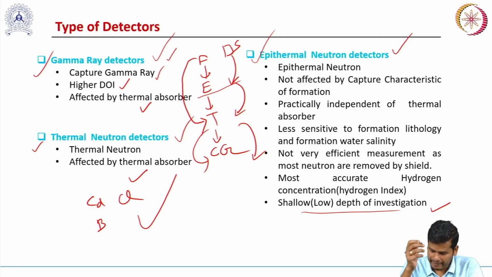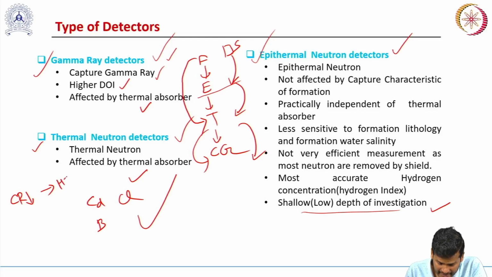For example, we have discussed in the last class, if the count rate is low, that means the hydrogen index is very high. Because if we have a very high hydrogen index, then the fast neutron will be slowed to a thermal neutron at a very rapid rate. Then the capture gamma will be emitted near the source. That's why the count rate will be low at the detector. But if the count rate is high, that means our hydrogen content is less.